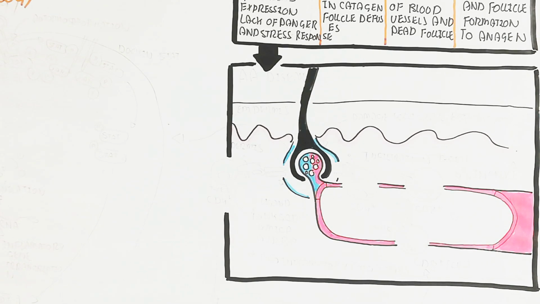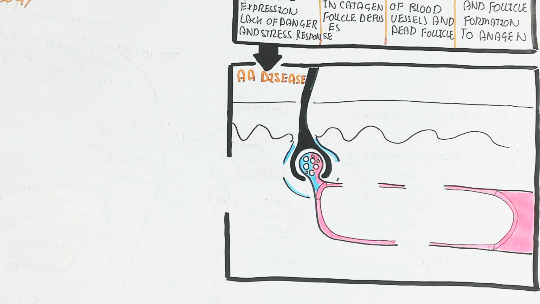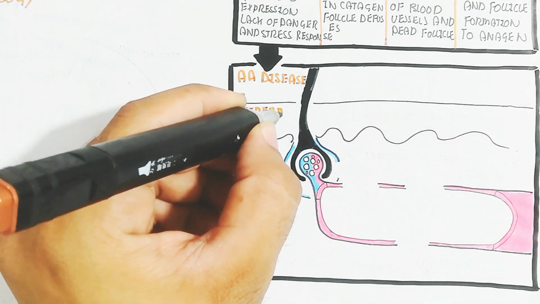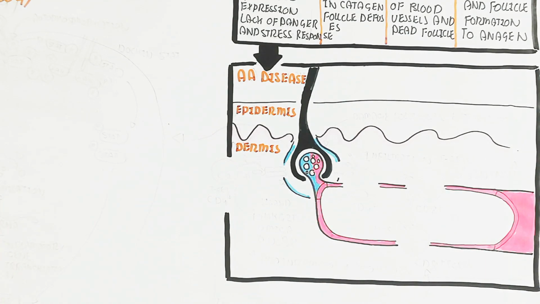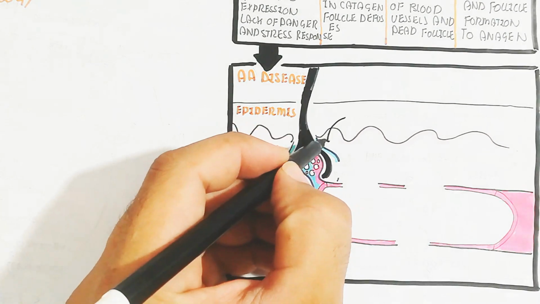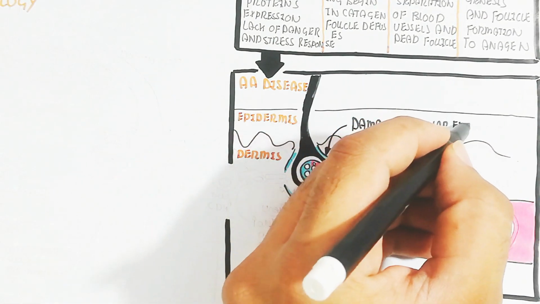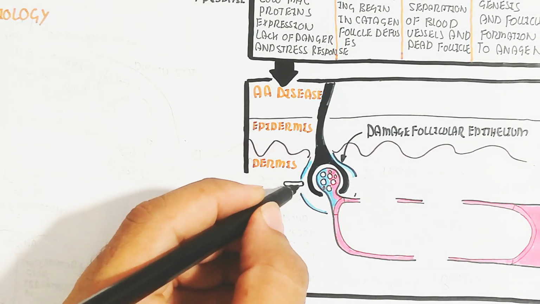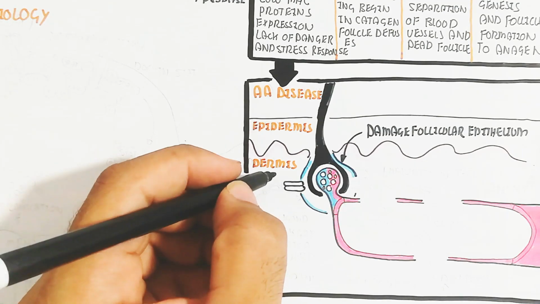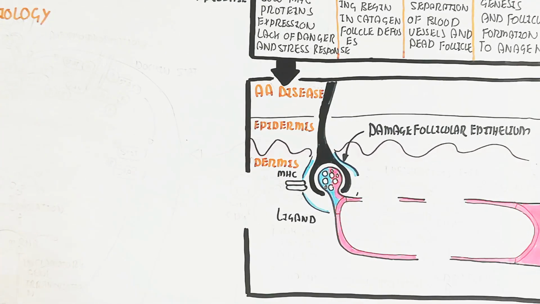In alopecia areata disease, we will understand now. Normally the follicular epithelium will not show the MHC molecule, the MHC marker, but in alopecia areata it shows the MHC molecule, the follicular cell presenting itself.